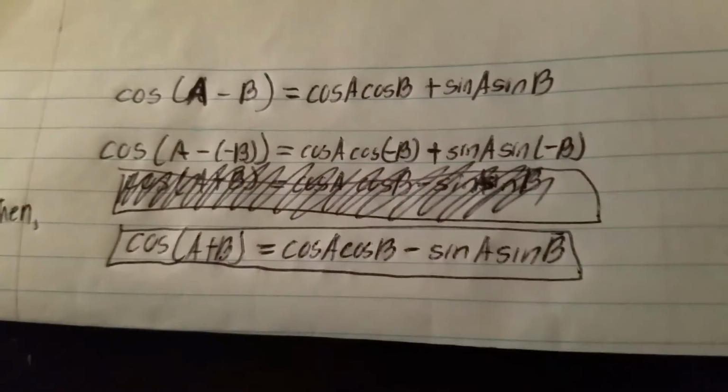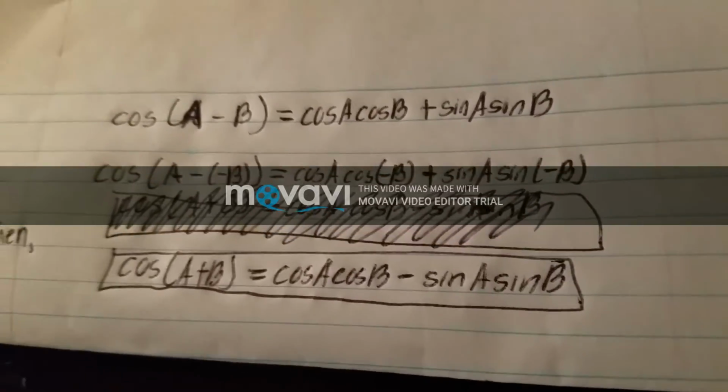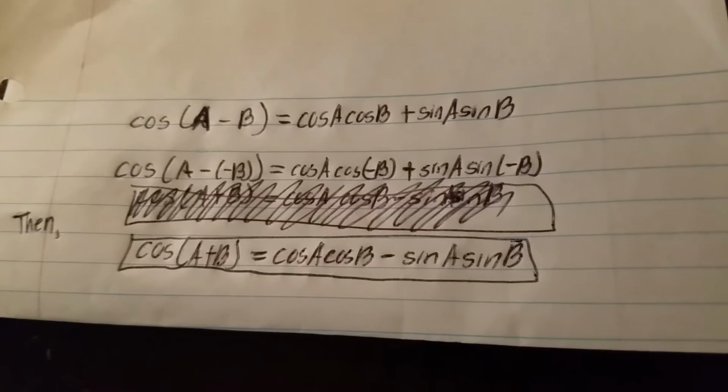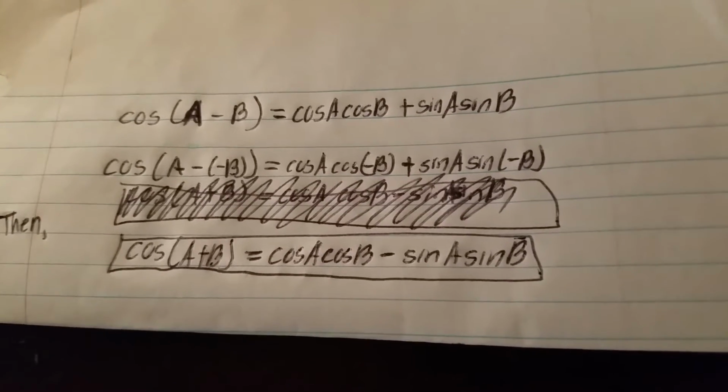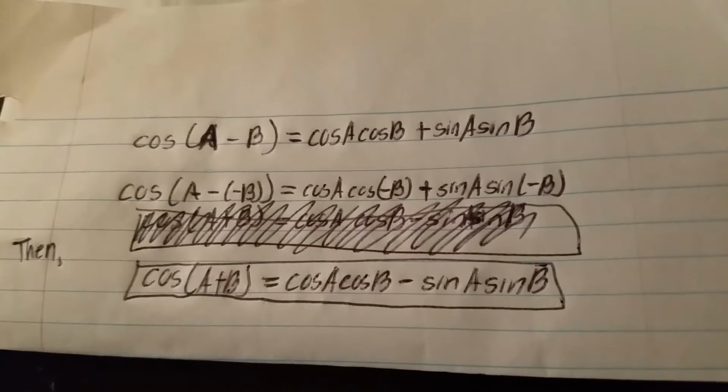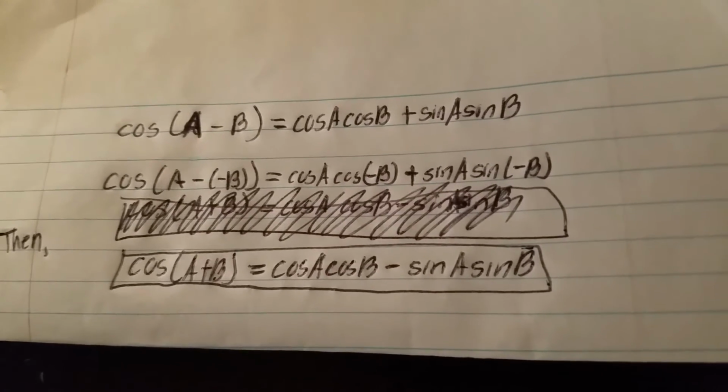They switch, which creates this sum equation. So you're going to be left with cosine (A plus B) equals cosine A times cosine B minus sine A times sine B. So that's 2 out of 4 trigonometric identities.